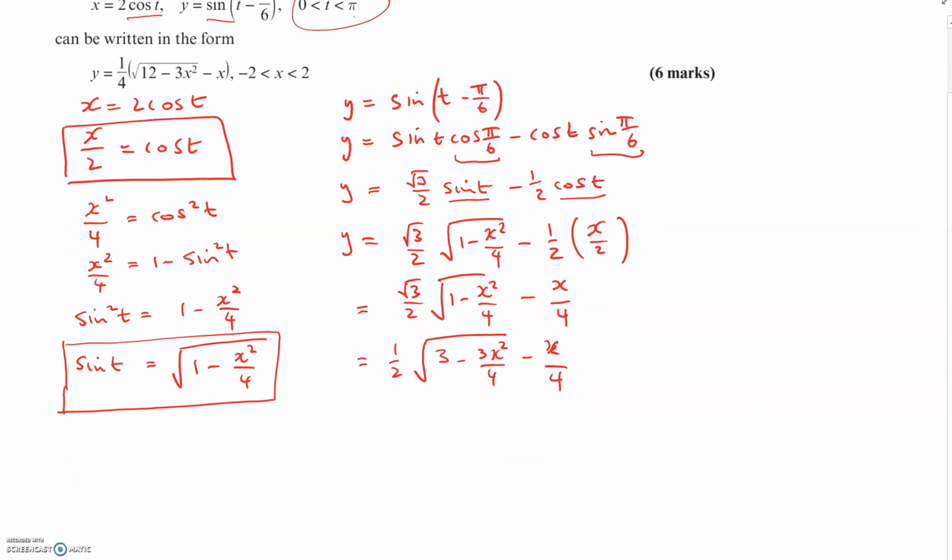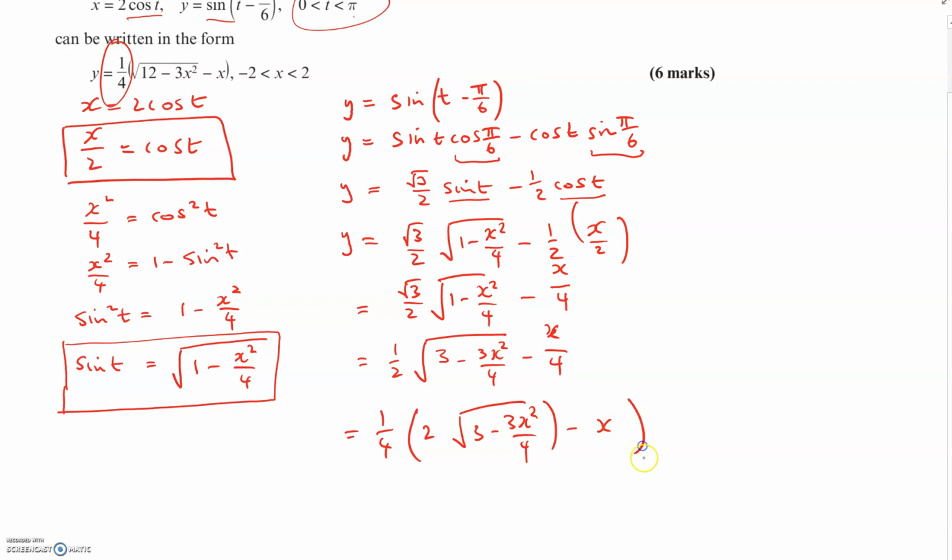And then what I could do is consider a factor of a quarter, because I need a quarter outside, which means I need to times everything by 2. And that would be something like that actually, because I could also pull out the quarter on the x over 4. Finally then, I could take a 2 squared inside.